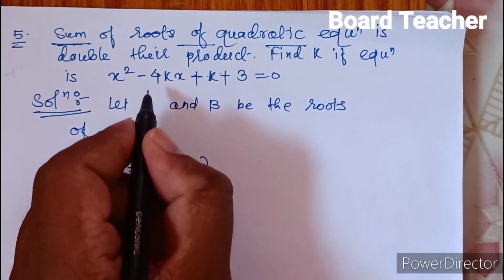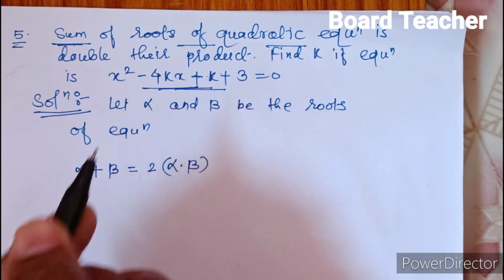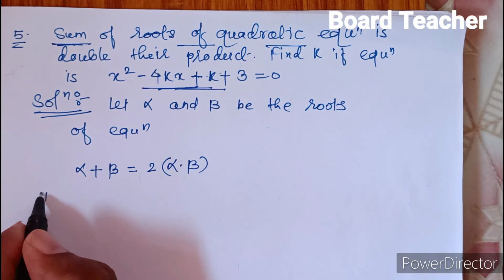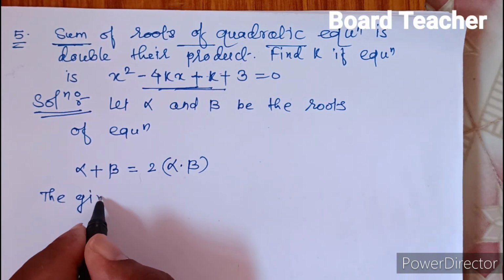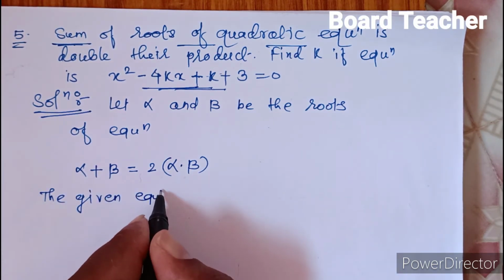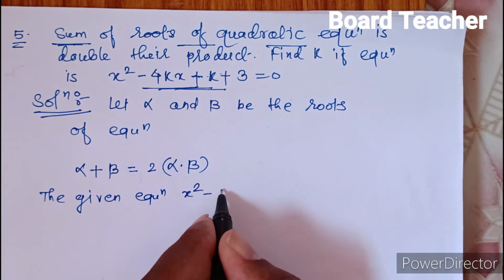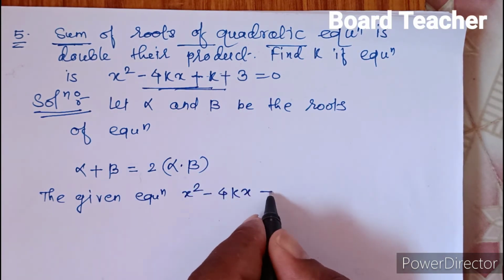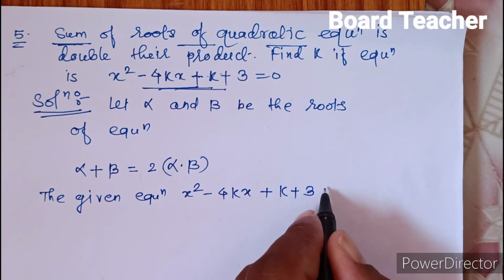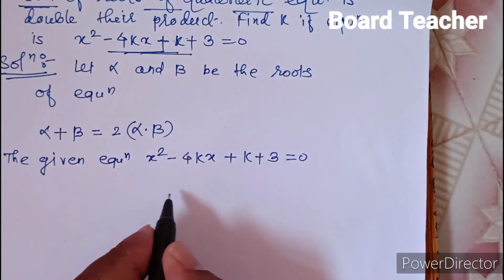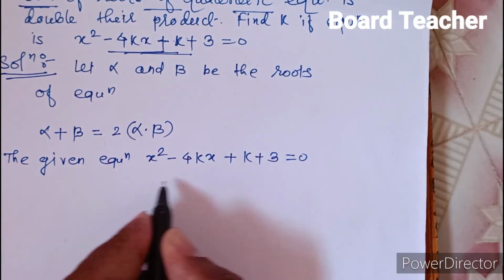Now write down the given equation: x square minus 4kx plus k plus 3 equals 0.